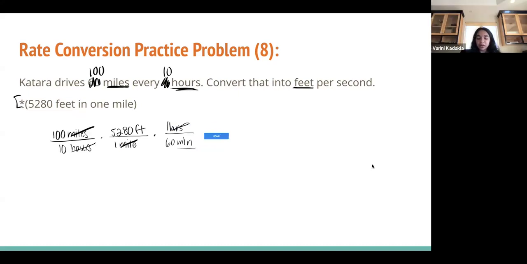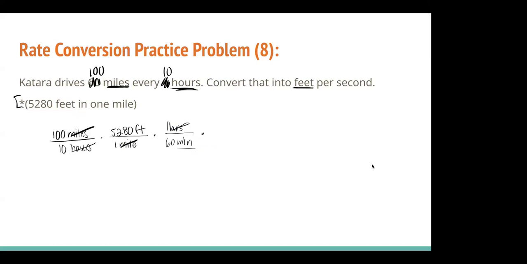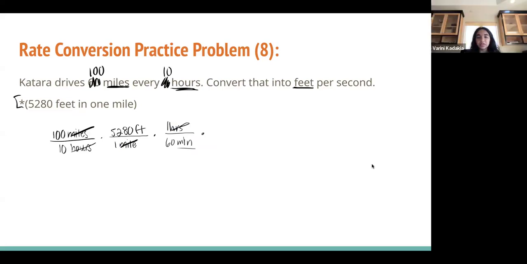Now I want to convert minutes into seconds. How should I convert minutes into seconds? What should my ratio be? It's very similar to the hours over minutes one. It should be 1 minute over 60 seconds, right? So now the minutes cancel.